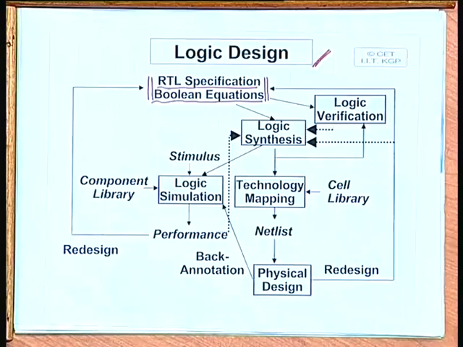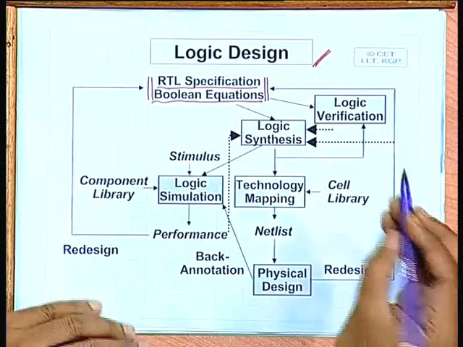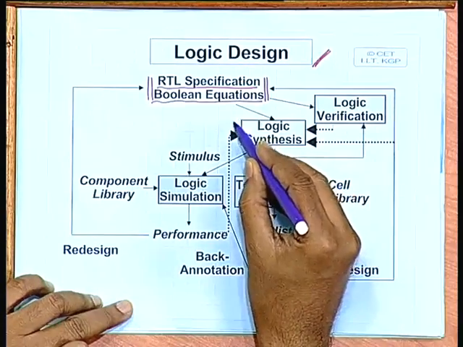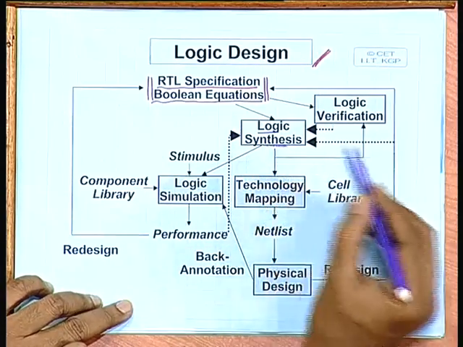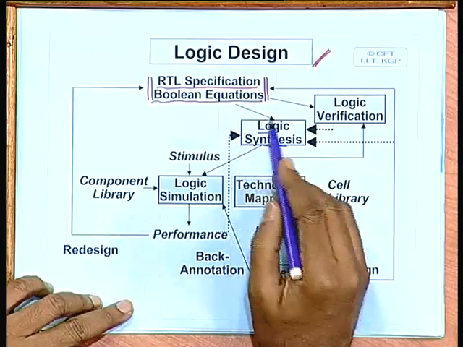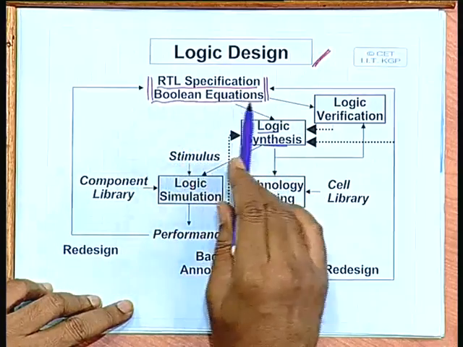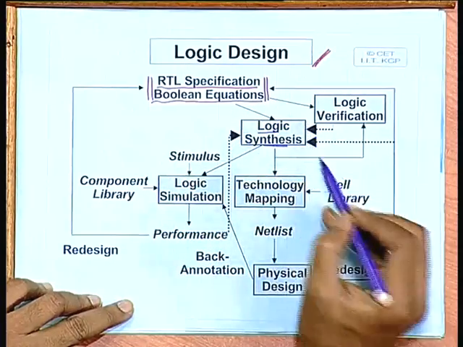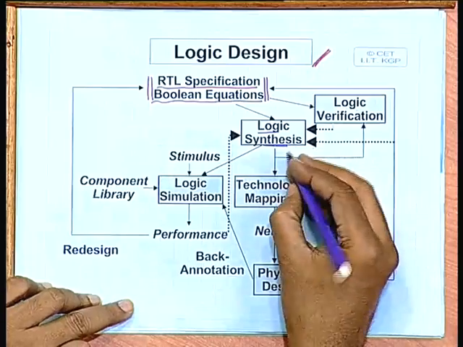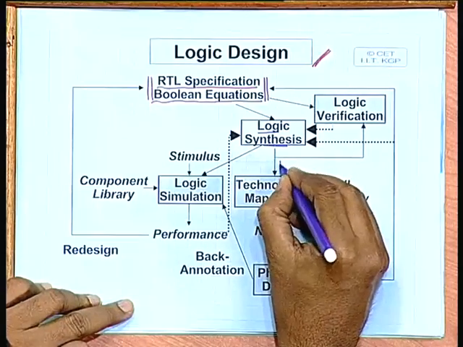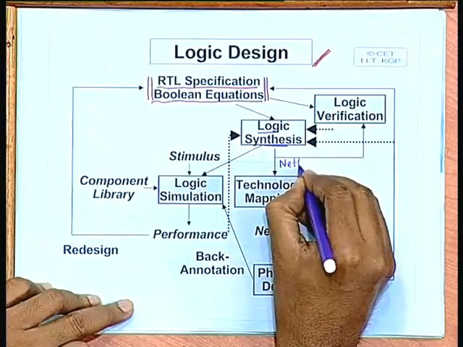Now, this diagram will show you what are the different steps that we typically go through. This block, as you can see, logic synthesis, is the block which accepts the specification as the input and generates some kind of a synthesized netlist as the output.